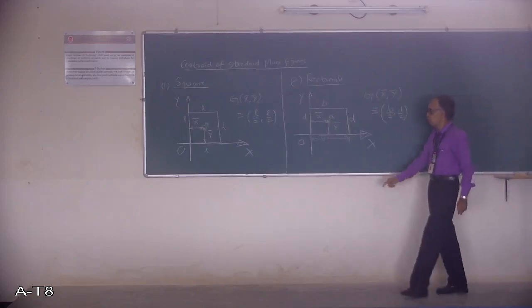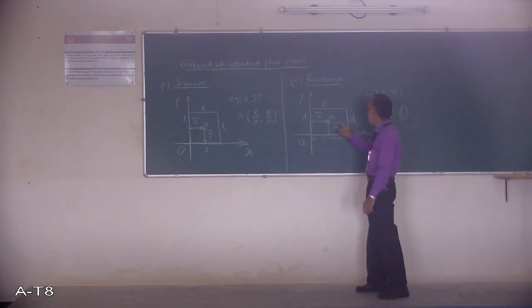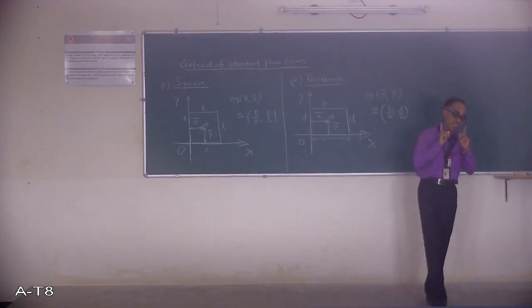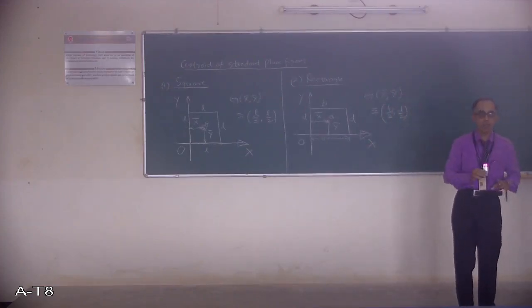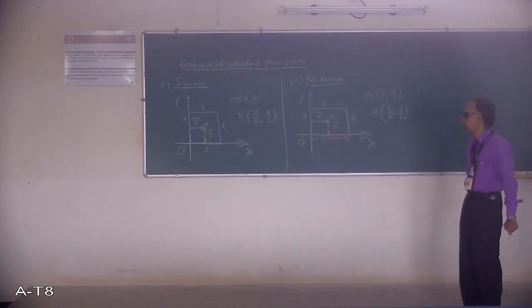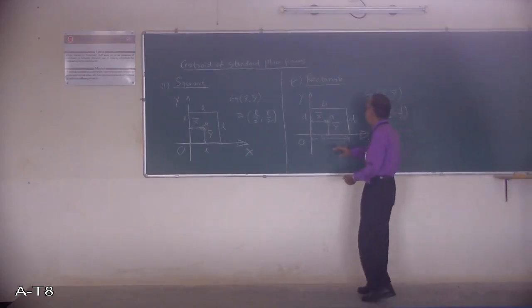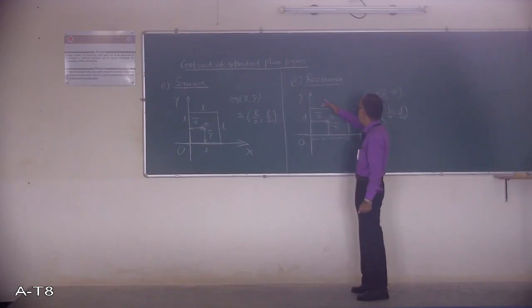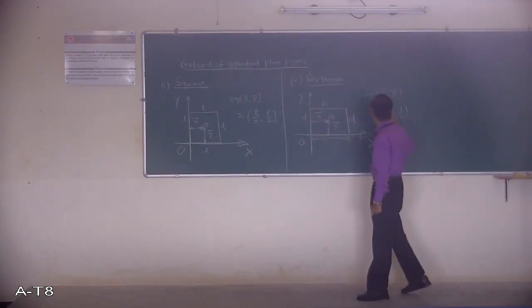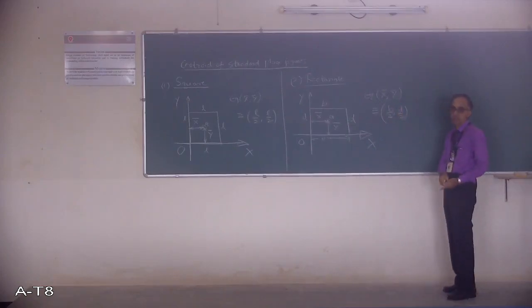I am showing the origin, the x-axis and y-axis. As I told you, whenever we mention any figure, we have to refer to the x-axis and y-axis, otherwise the further things will be complicated. You must know with reference to what axis we are working. This has dimensions b and d. The centroid is at exactly this point: x bar parallel to the x-axis is half of b, that is b by 2, and y bar parallel to the y-axis is half of d, that is d by 2. These values you must remember.